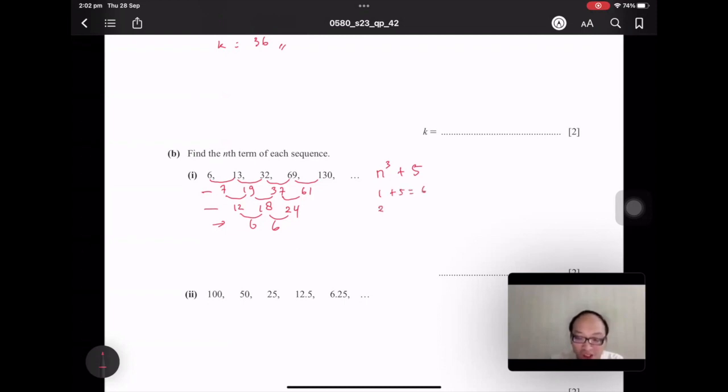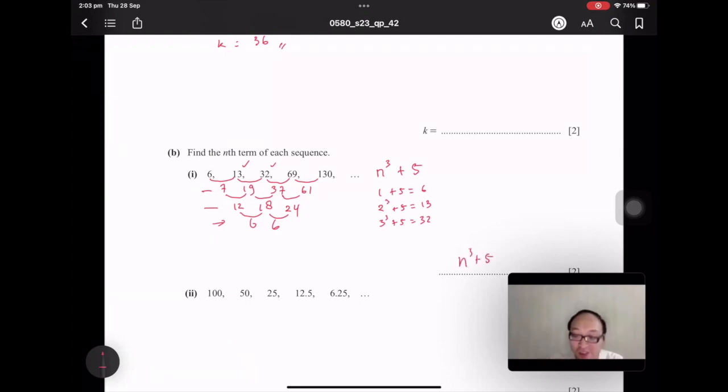For n equals 2, 2 cubed is 8, 8 plus 5 is 13. So far correct. And 3 cubed is 27, plus 5 is 32. Okay, so that's correct. So the formula will be n cubed plus 5.